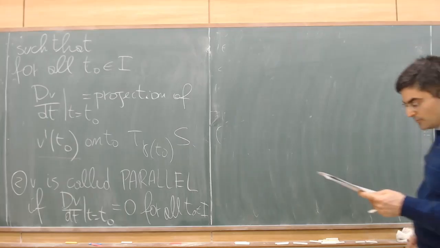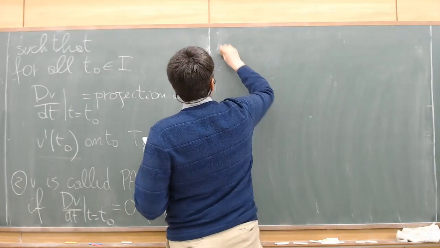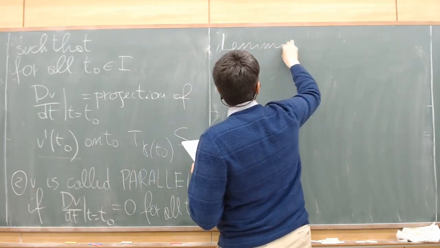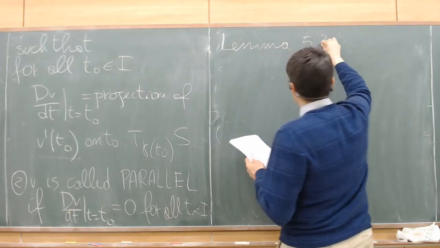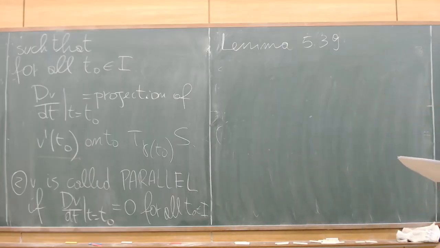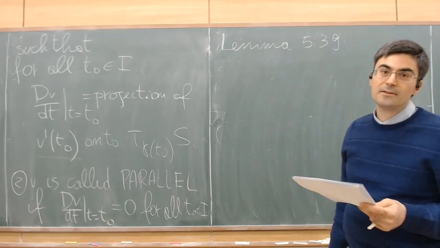The next result, Lemma 5.39, lists the algebraic properties of the covariant derivative.